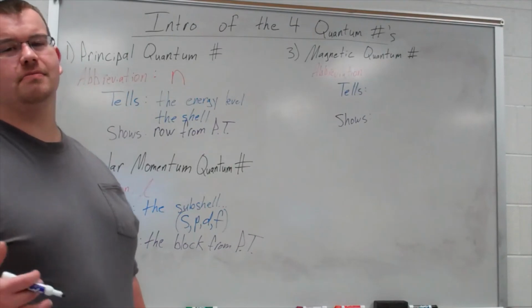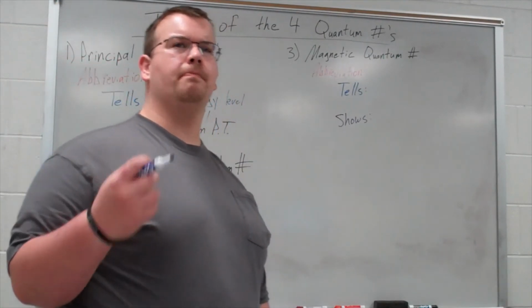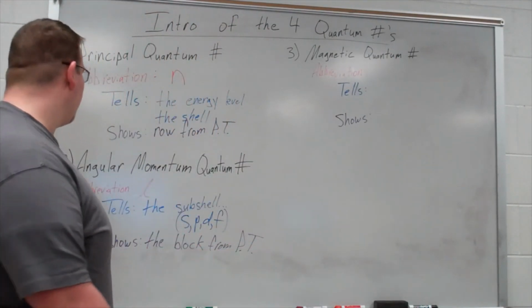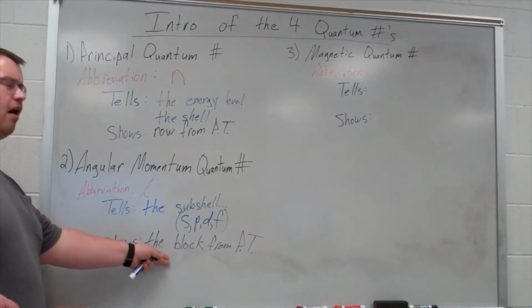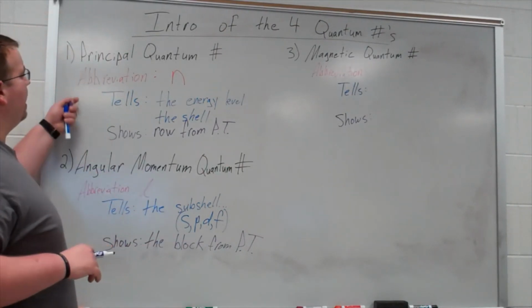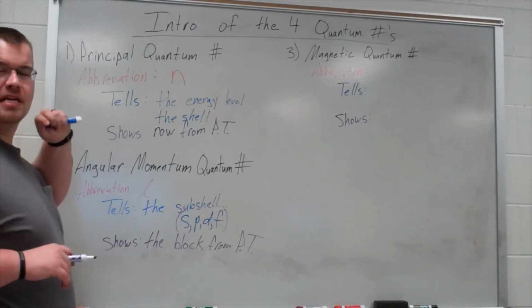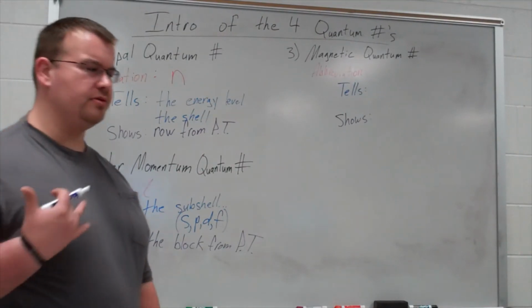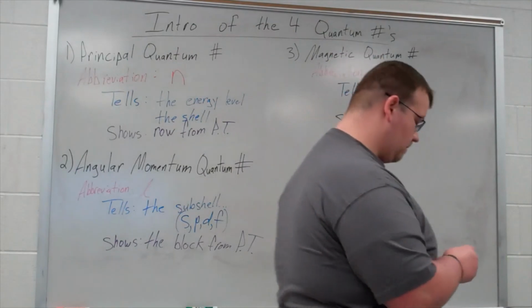Now I know that seems like we haven't done a lot with it, but start piecing some stuff together. This number gives me the block from the periodic table, if I'm in the s, p, d, or f block. And the principal quantum number tells me the rows. So it really narrows stuff down for us.